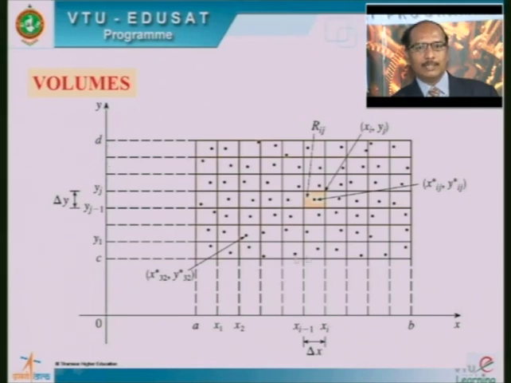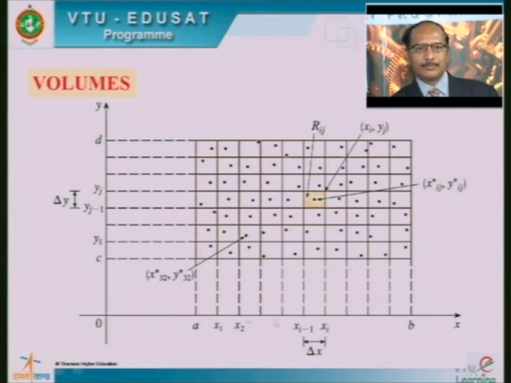In this way the entire rectangular region bounded by a to b and c to d is divided into sub-rectangles. You can see many rectangles which are taken from the main rectangle. So a number of divisions are made here.